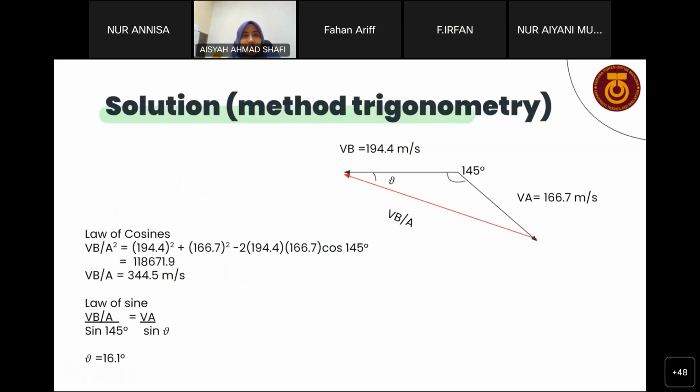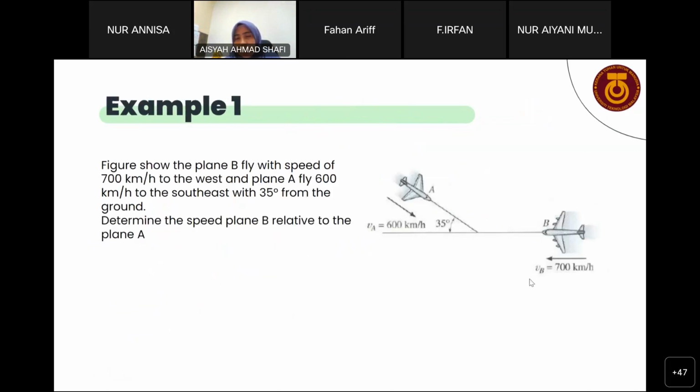So that is the rectangular method, and for the trigonometry method, you can solve by drawing the speed of A and B. For B, it is toward the left. And for VA, it is like this.